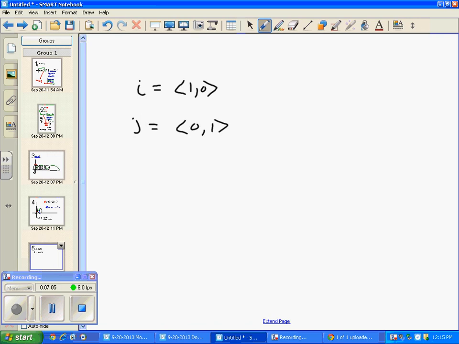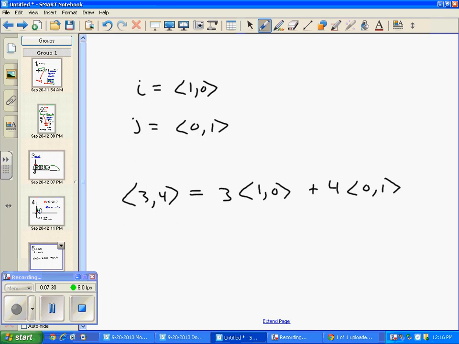I'm showing you this because what this means is we can take a vector like 3, 4 and write it in a new form. We can think of it as the scalar 3 times this vector 1, 0 plus the scalar 4 times this vector 0, 1.